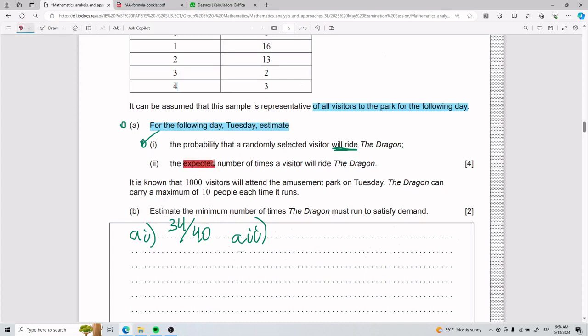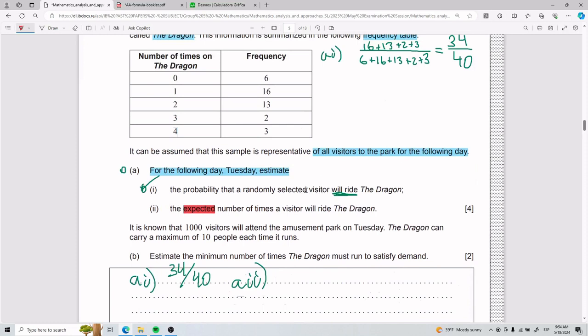Once you realize that they're asking for expected, it's suddenly very easy to do. All you need to do for expected is a very visual approach. You're going to be doing, for example, this times the probability of that, this times the probability of that, this times the probability of that, and so on and so forth.